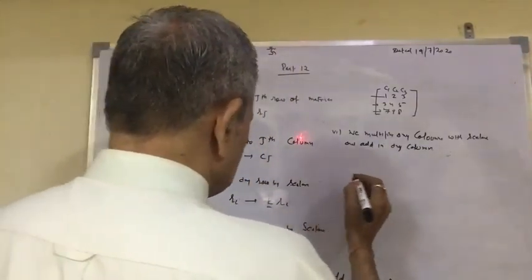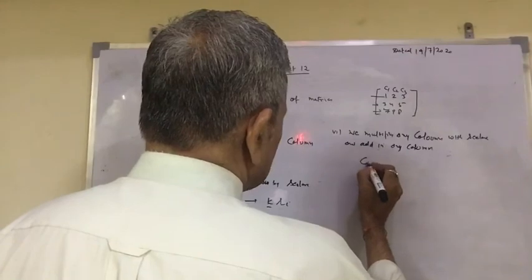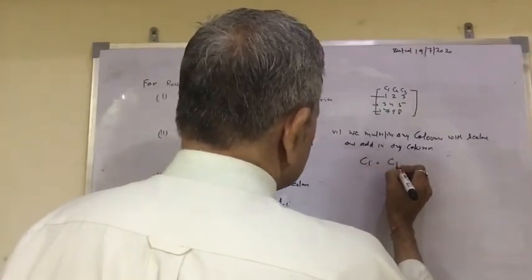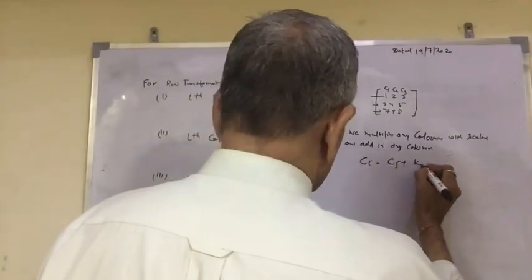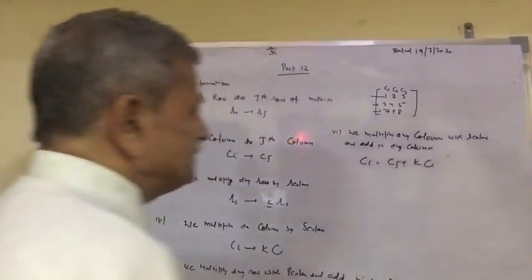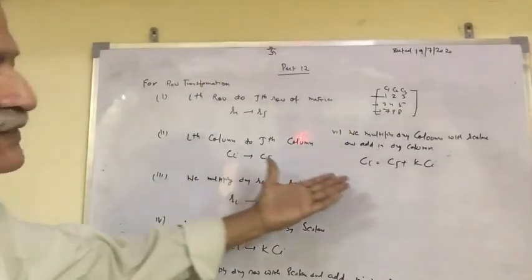So you can write it like this: Ci can be written as Cj plus k times Ci. So these are approximately 6 rules.